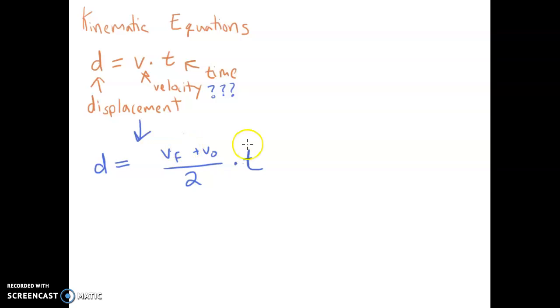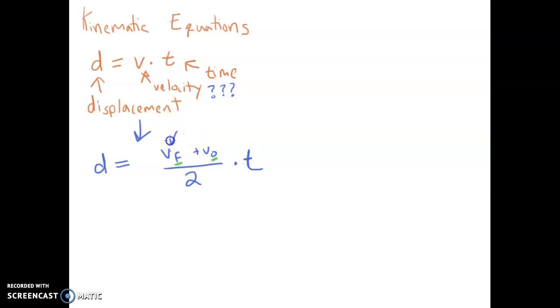What I've done here is I've added an F to modify the V, and a 0, which I said V naught, to modify this V. And all these subscripts do is tell us a little bit about which velocity we're talking about.